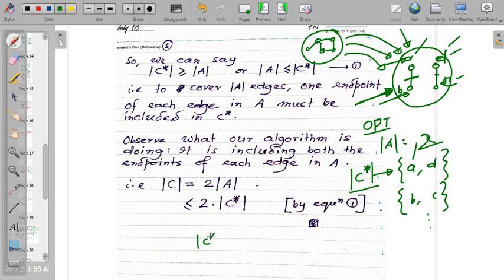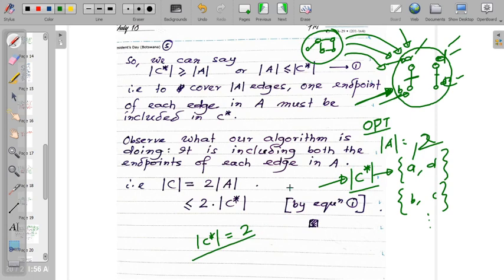Can you tell me? Cardinality of C star. Shoham, you tell me. 2. So why are you not telling? C star is 2, right?